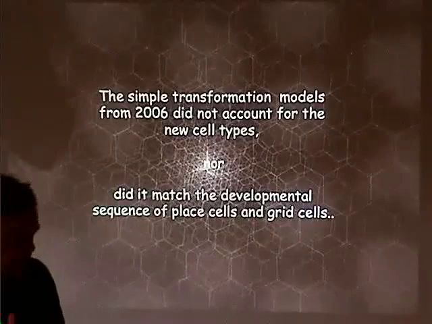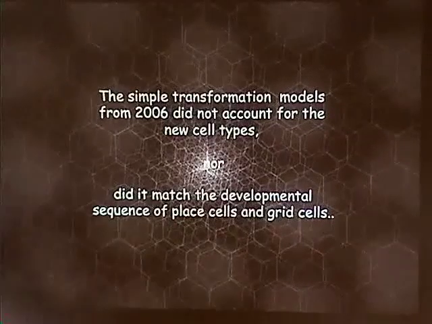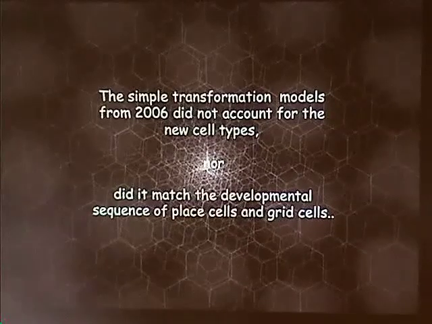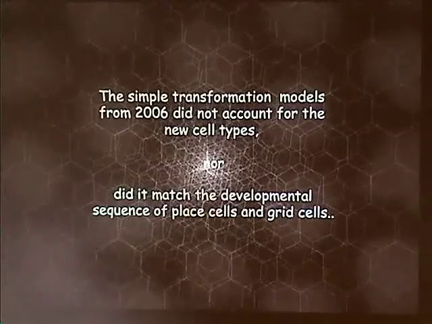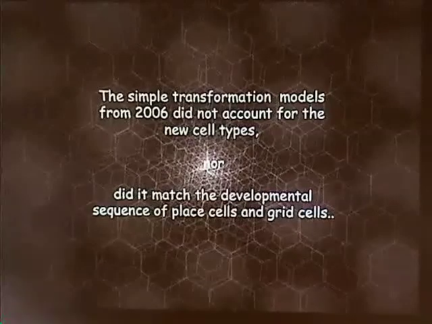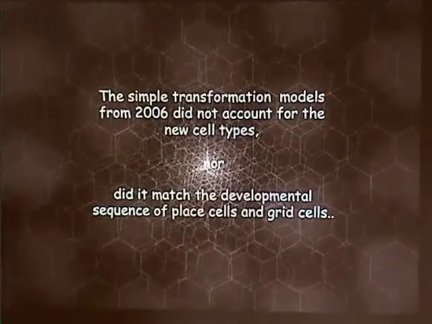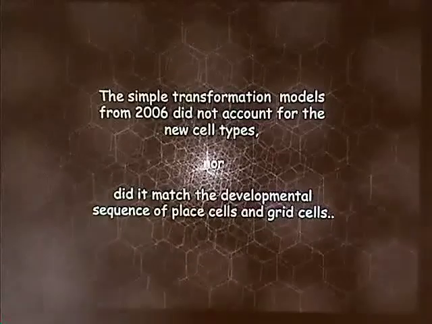And in addition, it's further complicated by the developmental trajectory of these cells, because if grid cells are the sole origin of place cells, then you would expect them to appear at least more or less simultaneously, or possibly the grid cells before, but not the other way around.